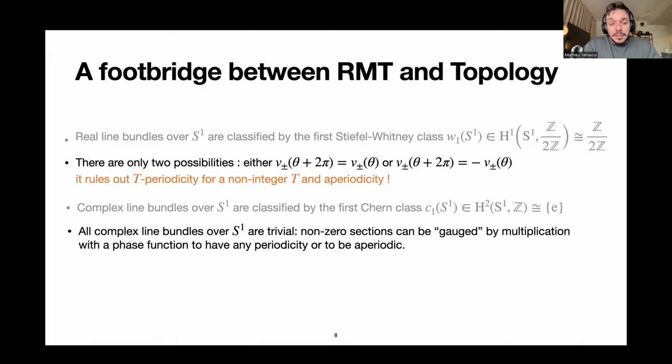You also see that it cannot be aperiodic: it actually has to be 2 pi n periodic, a multiple of 2 pi. In the complex case, there's a deeper reason why it can be aperiodic. It's much wilder in some sense.